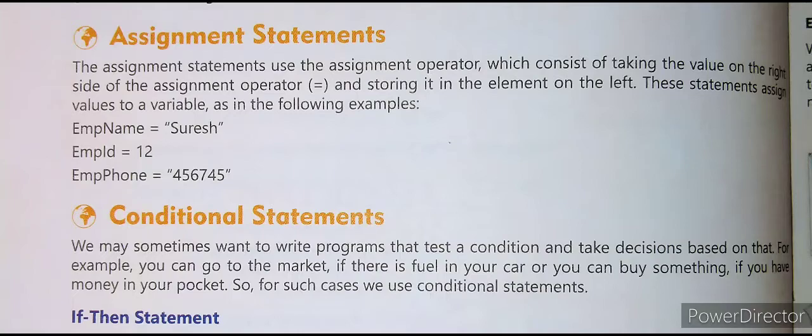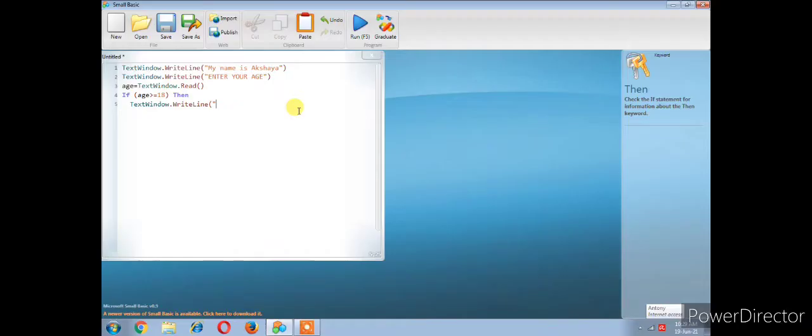Next one is conditional statements. These conditional statements are based on decision making. For example, if you go to the market, if there is fuel in your car, you can buy something or you can go somewhere. Another example, if you study well, you can score more marks.